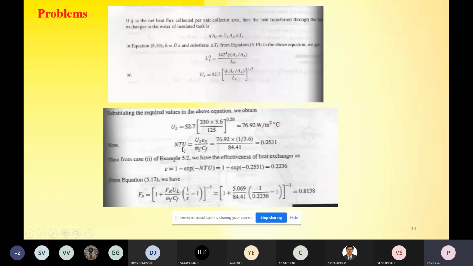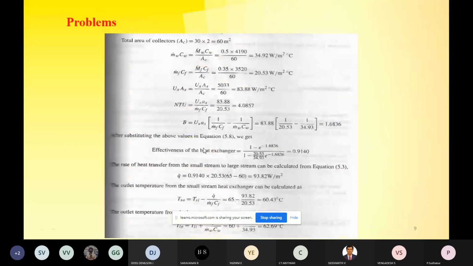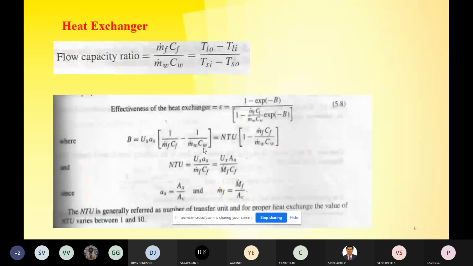Already you know the NTU formula. So UX AX by M dot F CF. So UX is 76.92. So how do you get small AX? So AX is the inverse of what you got before.